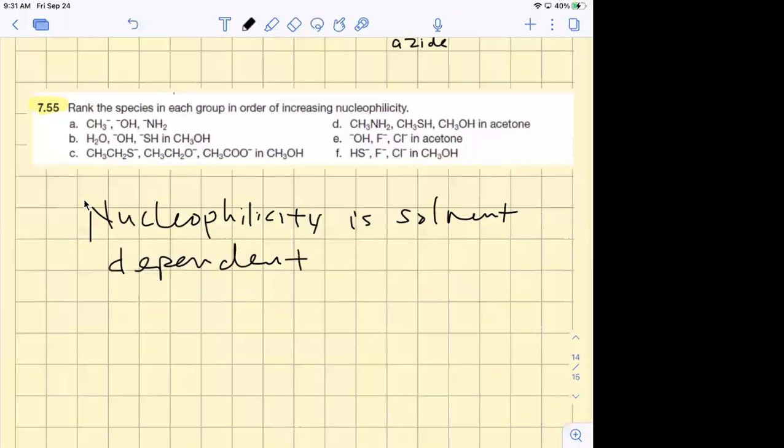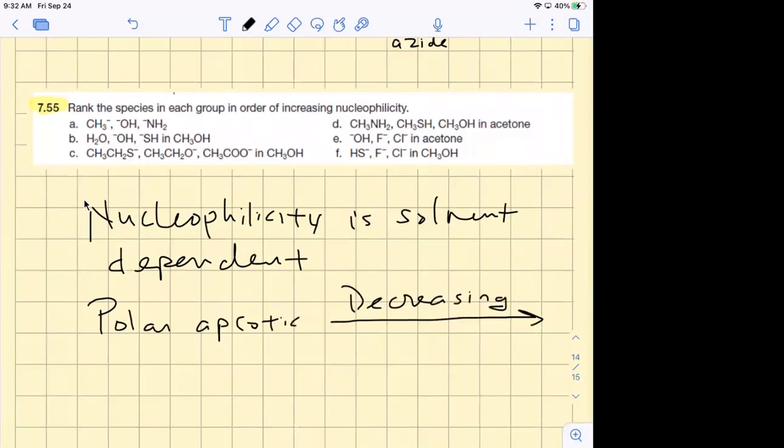Right? And a protic, well, let me start with aprotic. So a polar aprotic solvent, right? It is decreasing from left to right and decreasing from top to bottom. Right? That's the trend for the nucleophilicity. So as you go from left to right, the nucleophilicity is getting worse.